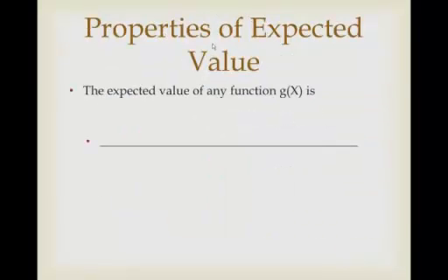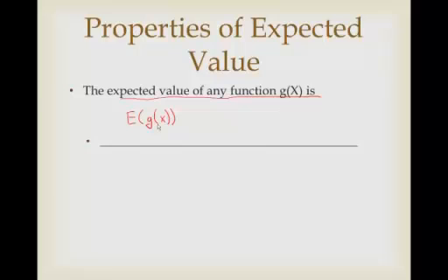Well, we've talked a little about the properties, and now you're going to see that the properties continue to be more or less the same. The expected value of any function, we can calculate pretty much the same way we would expect to calculate. If we want to figure out the expected value of a function, what do you think we would do?